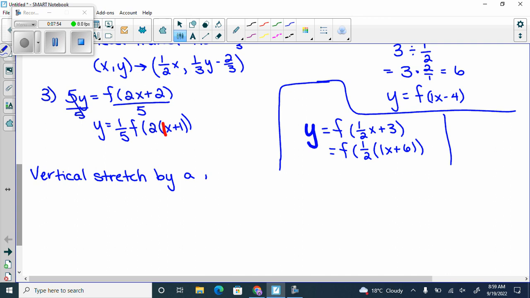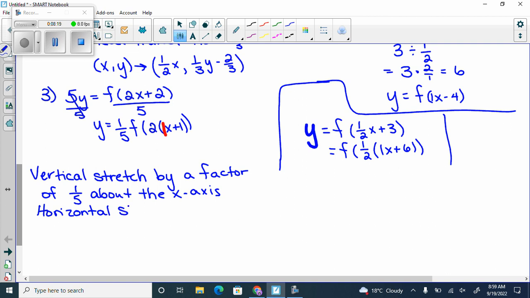By a factor of what? 1/5 or 5? 1/5. The vertical always stays, as long as you get into y equals. The horizontal stretch by a factor of, always flips.